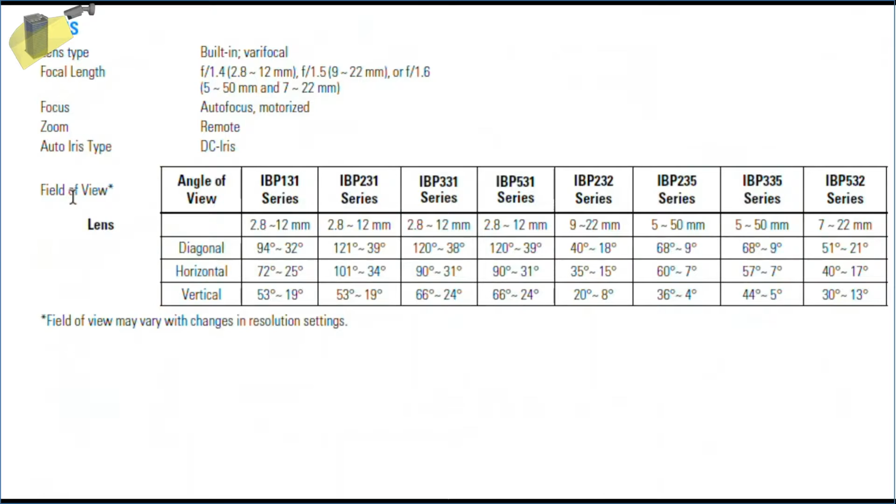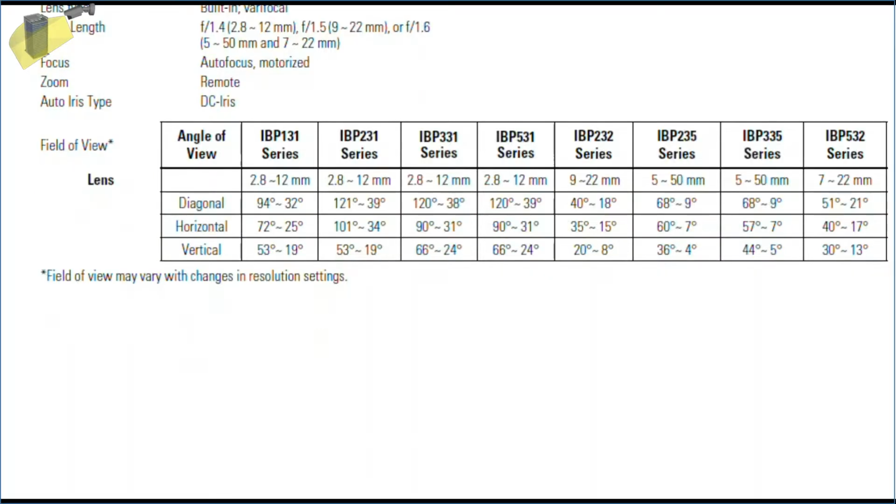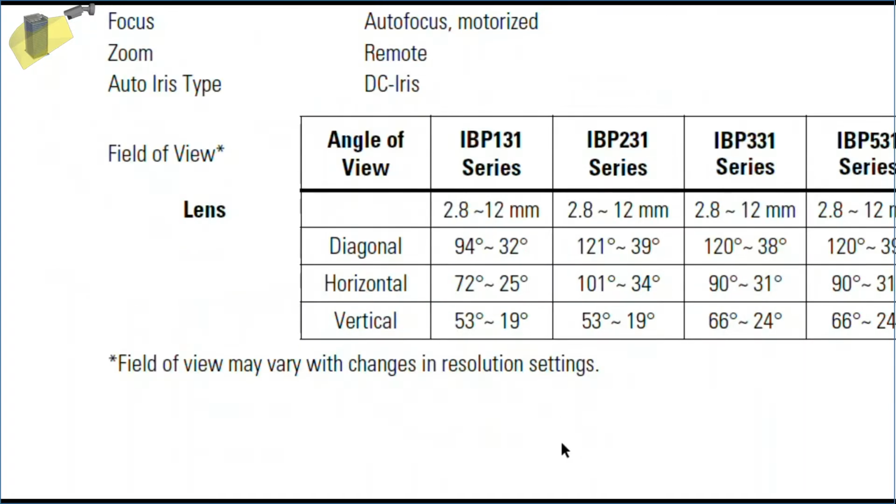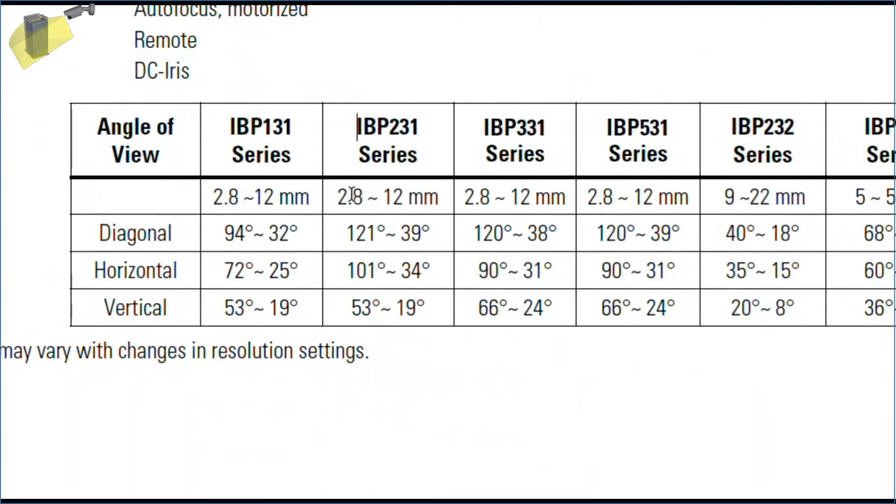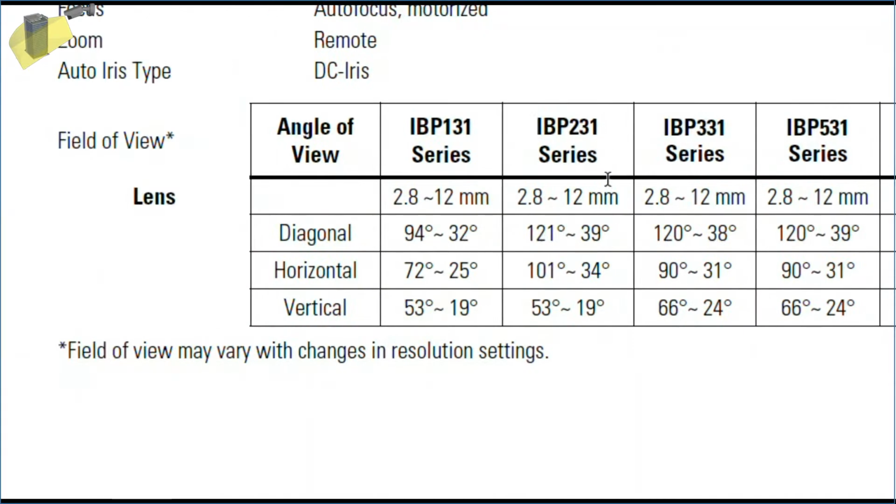And let's take this one, IBP231. In this datasheet they have given us the focal length which can change. It starts from 2.8 mm and it can go to 12 mm.